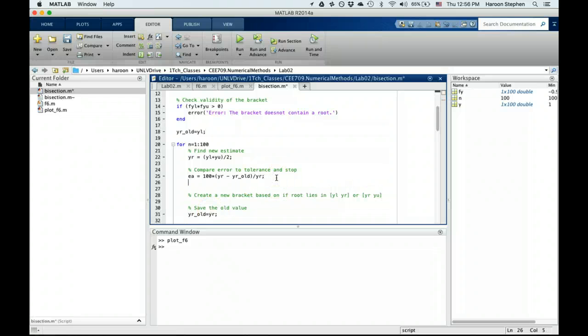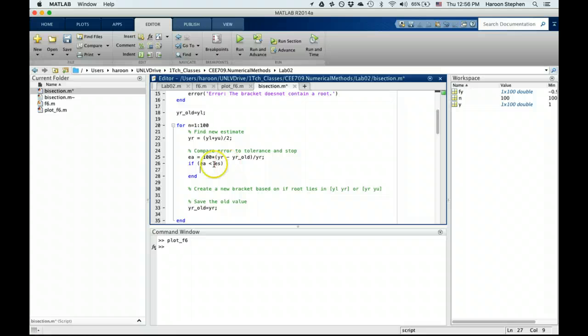And then right here, I want to see if my error is less than 1%. What do I do if my error is less than 1%? I want to stop doing this process because I have achieved my goal. So all I have to do is say break.